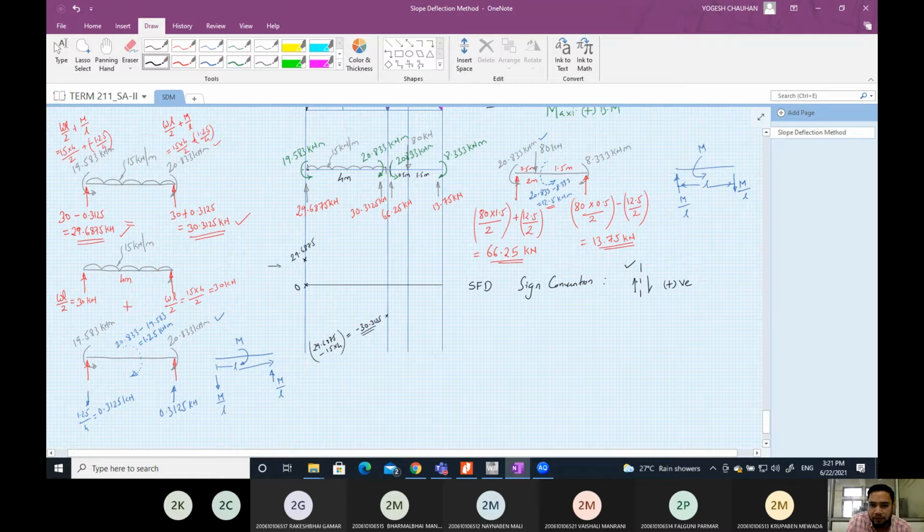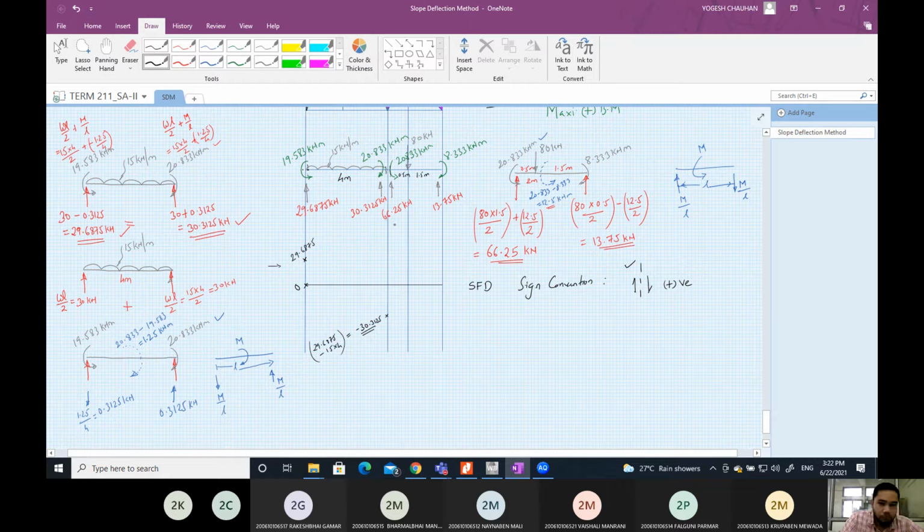And as per the sign convention, on the left side of the section, upward is positive. So when you are on this side, these two forces will be there. So this will be minus 30.3125 plus 30.3125 plus 66.25.